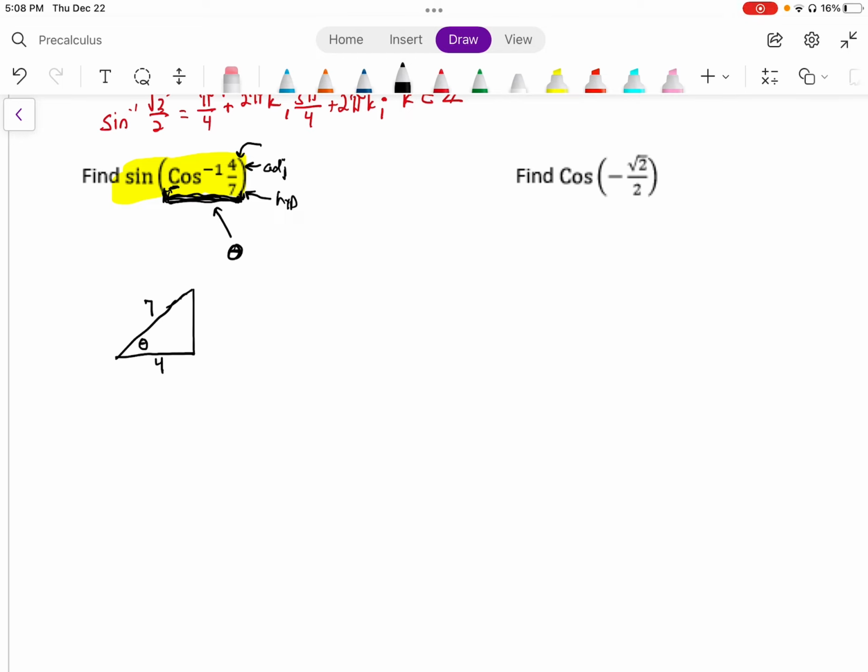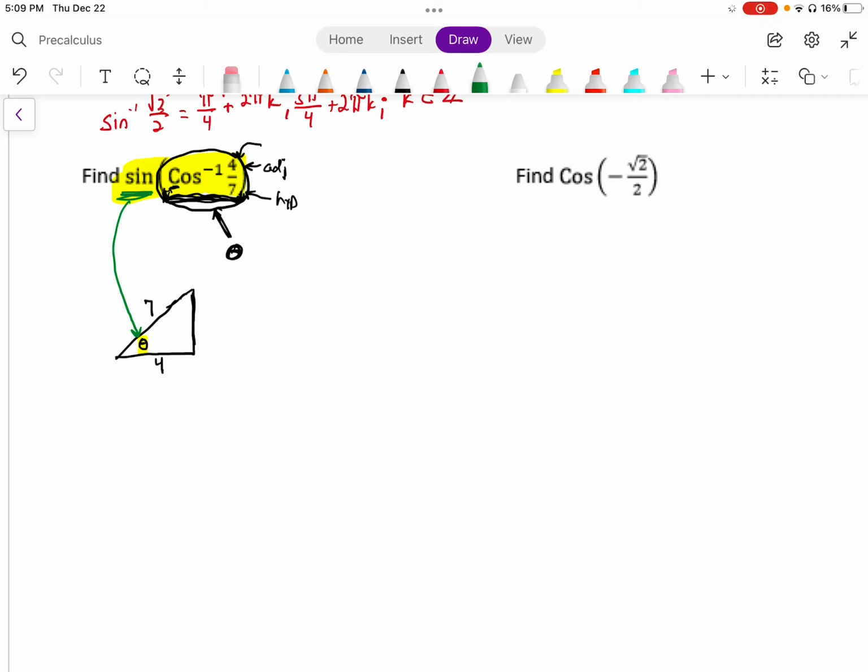All right, so in order to find sine of that angle, we need to find the opposite side. So again, this part right here I'm circling just represents an angle, the angle whose cosine is 4/7. So I put 4 in for the adjacent, 7 for the hypotenuse. But in reality, the final answer, I want the sine of that angle.